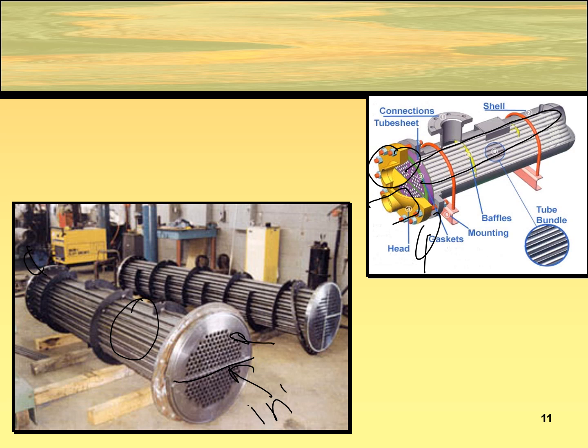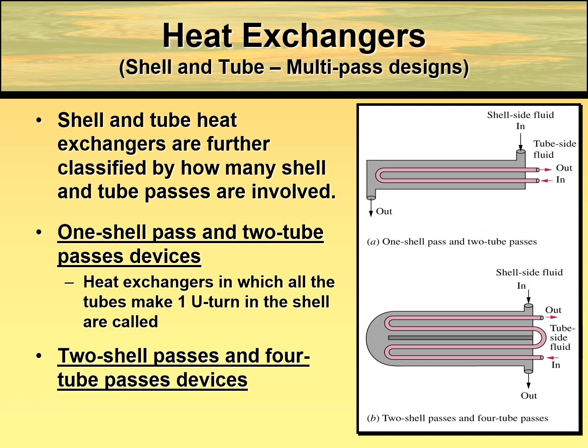Let's say this is the inlet and this is going to be the outlet, and the flow will make a U-turn in the U-tube at the end of the section, like this. So one side is the inlet and the other side is the outlet. Okay, it is separated by the shell.